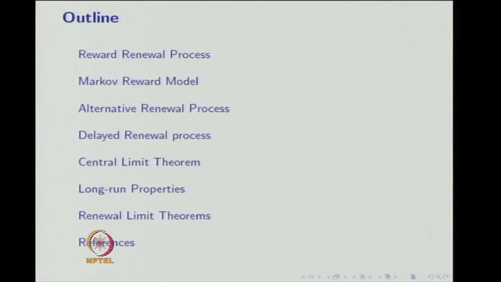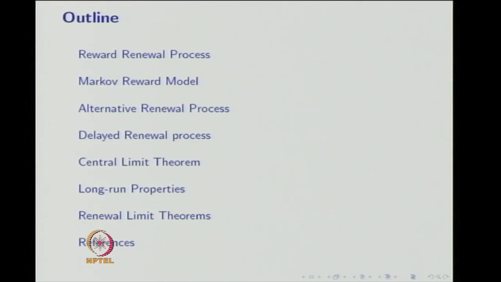In Lecture 2 we are planning to discuss the reward renewal process. As a special case, we are going to discuss the Markov reward models. Then we are going to discuss two different renewal processes, that is the alternating renewal process and the delayed renewal process.